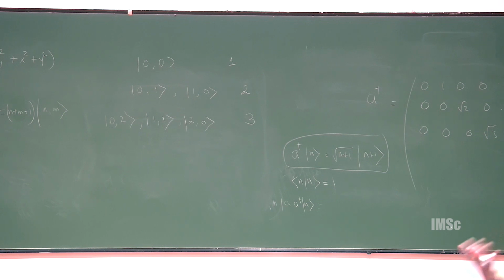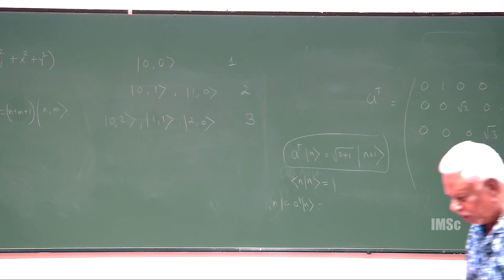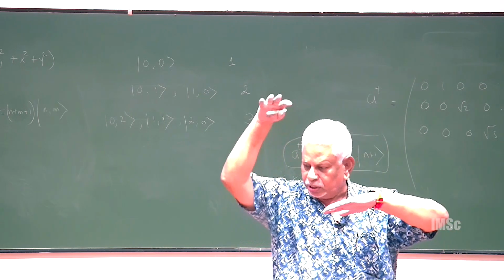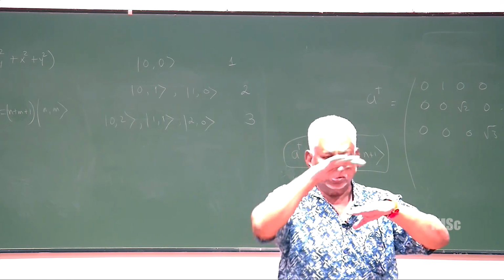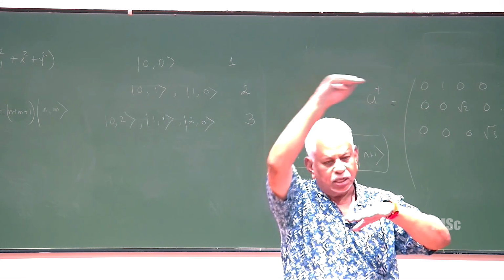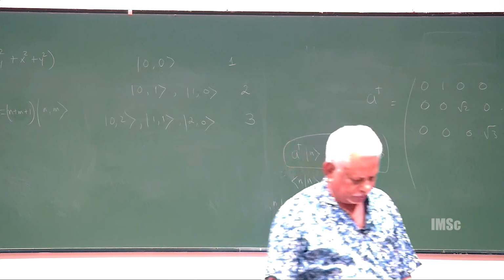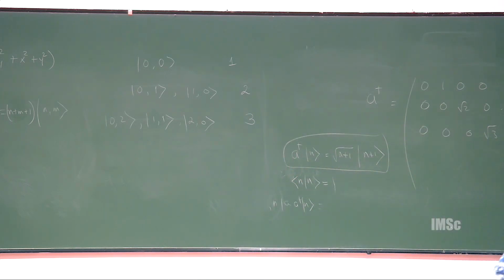Energy eigenvalue 5 will have 5 states, etc. So the degeneracy goes up by 1 unit each time: 1 state, 2 states, 3 states, 4 states, 5 states, etc. for this problem. The degeneracy here is related to certain things inside that Hamiltonian itself, because there is an x, there is a y.